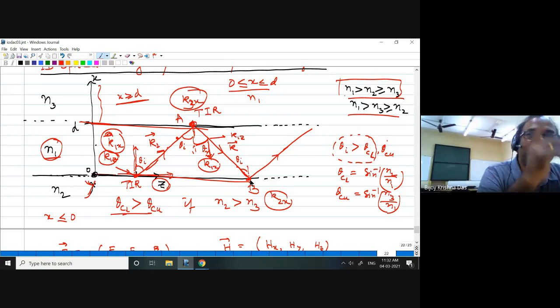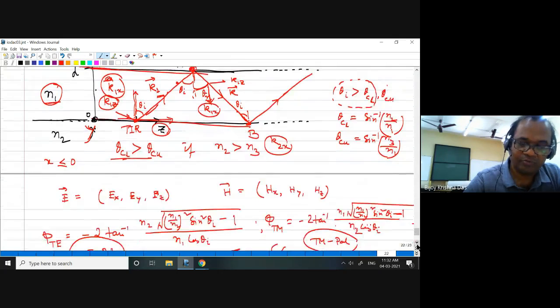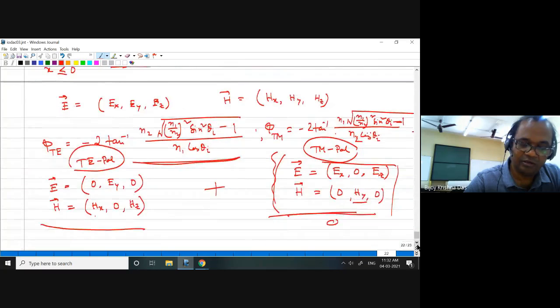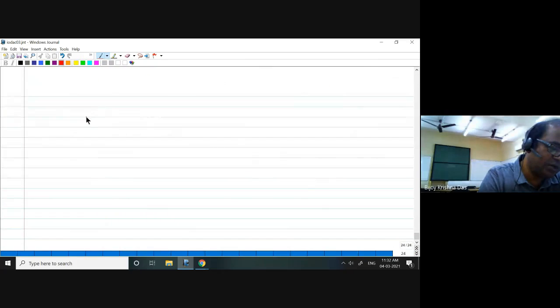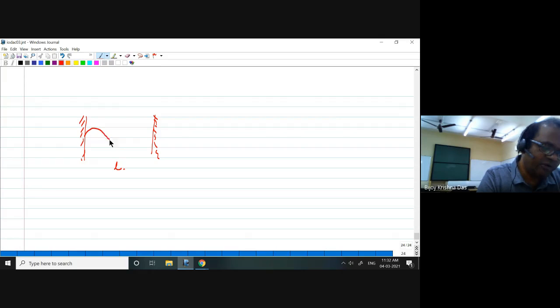But it will not always be a standing wave, right? So let me take you to another concept. Suppose you have two mirrors, just one example here, with some length between them. Some wave will be a standing wave. It will be like this, right?